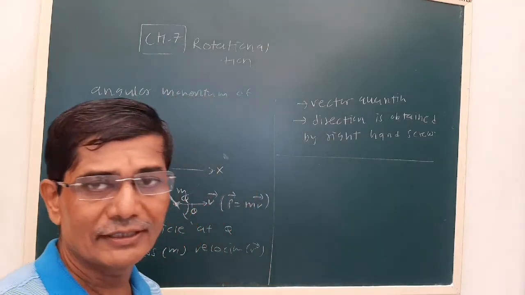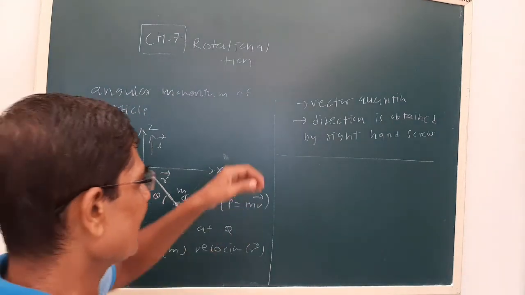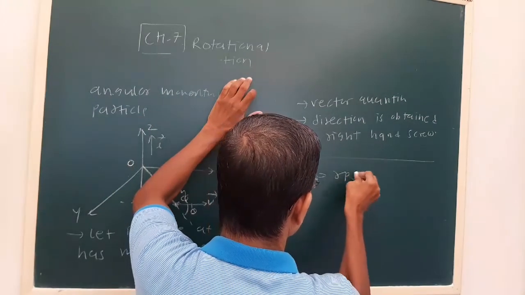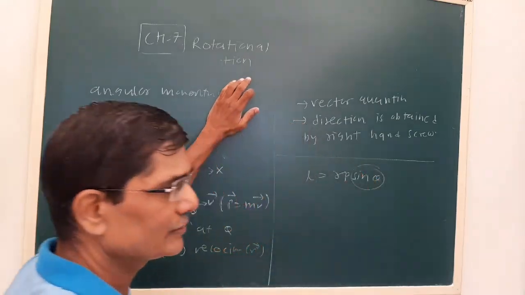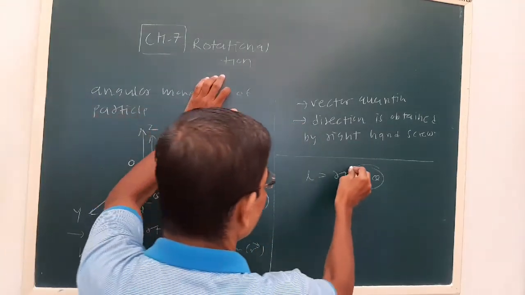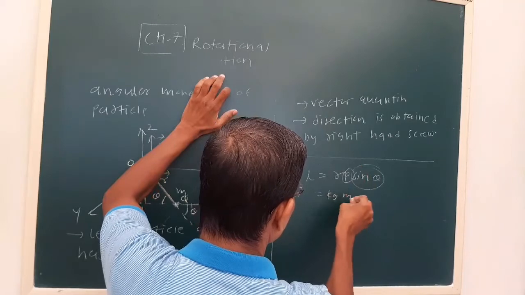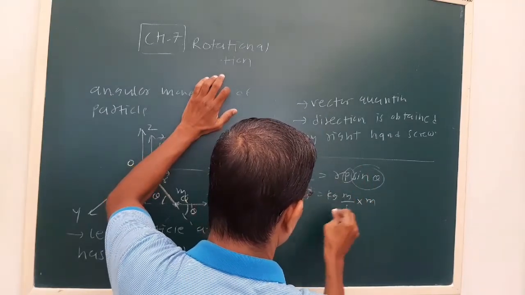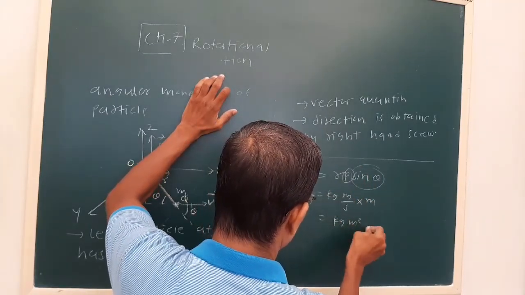Now this is also a new quantity for us, so we should know about its dimension. L is equal to RP sin theta. Sin theta is dimensionless. Momentum is kg meter per second, and the position vector is in meter, so kg meter square per second.